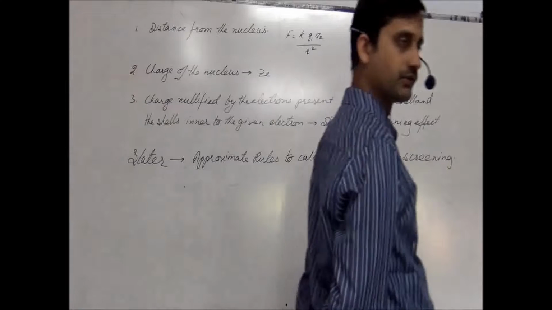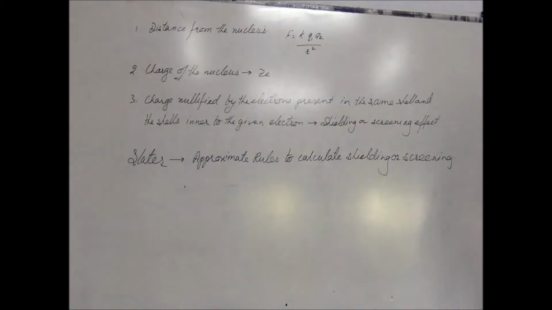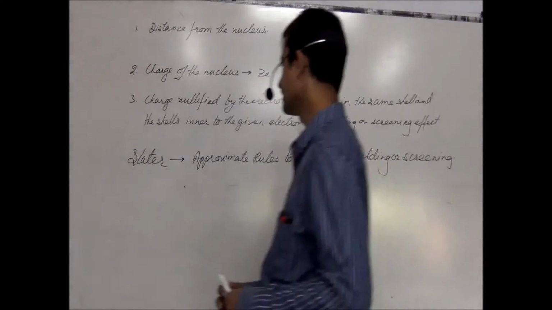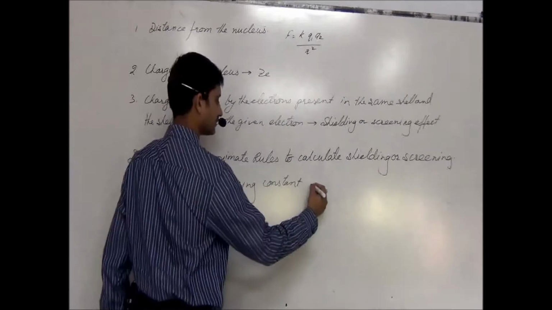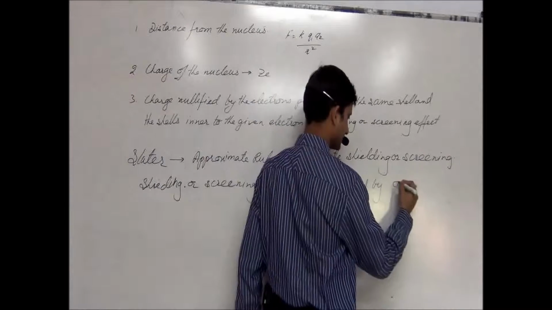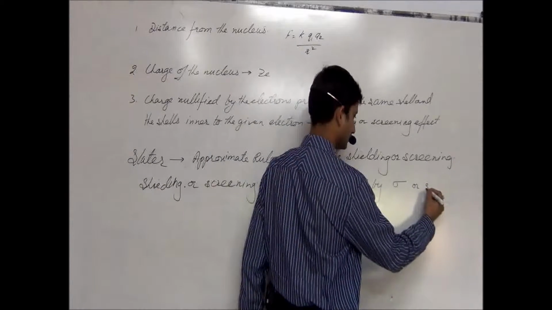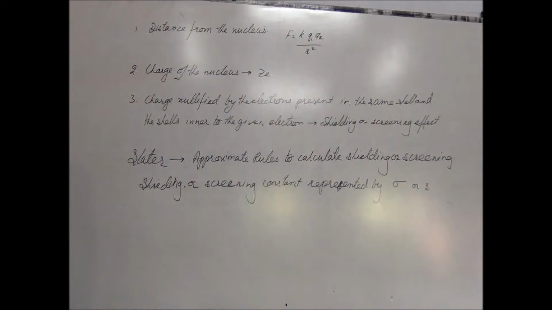Full stop. It reduces the nuclear charge experienced by the given electron. It is generally measured as a shielding or screening constant represented by sigma or S. This is what we call the shielding or screening constant.